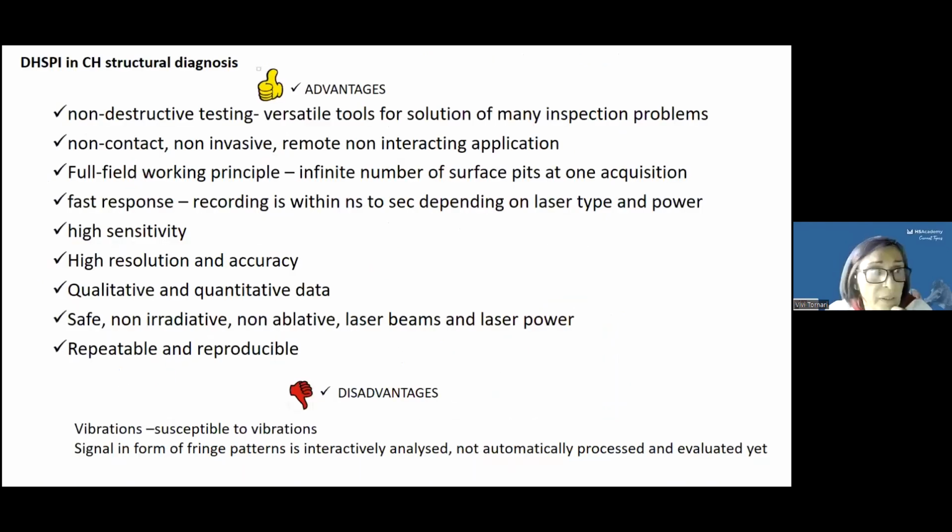So we have a number of advantages when we speak about using the DSP method to evaluate the structural behavior of our object. Some of these advantages are very well known: we speak about non-destructive, non-contacting, non-invasive, non-interacting with a surface techniques, and we apply a full field working principle, which means a very, very big diameter of beams.